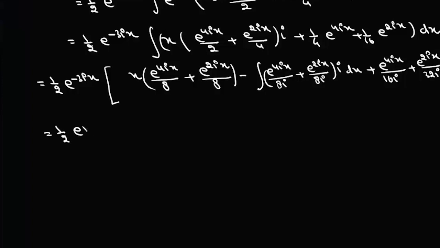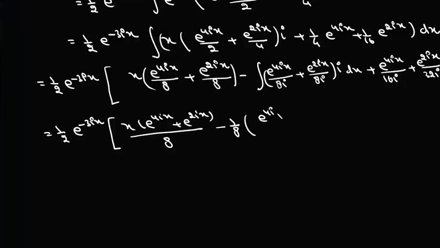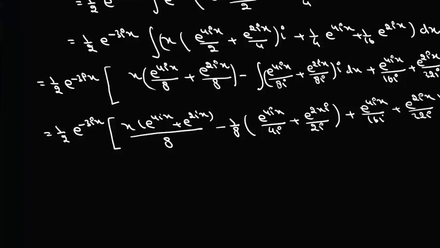Now this is 1 by 2 e to the power minus 3 iota x, and it will be this x into e to the power 4 iota x plus e to the power 2 iota x whole divided by 8 minus, now here iota and iota will cancel, so we'll get 1 by 8, and here will be e to the power 4 iota x upon 4 iota plus e to the power 2 iota x upon 2 iota, and plus e to the power 4 iota x upon 16 iota plus e to the power 2 iota x upon 32 iota.